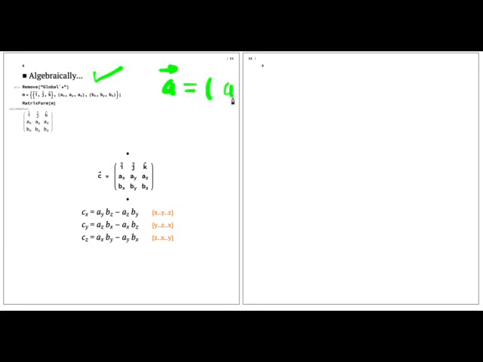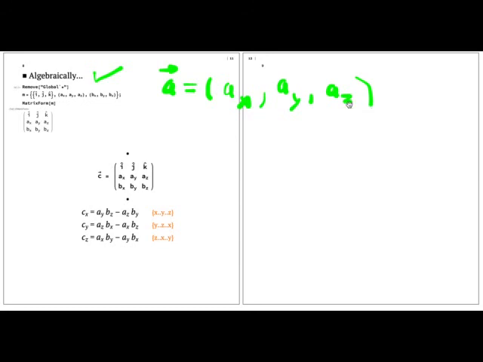Ax is the component of the vector in the x direction. Ay is the component of the vector in the y direction. And Az is the component of the vector in the z direction. In 3 dimensions, a vector has 3 components.